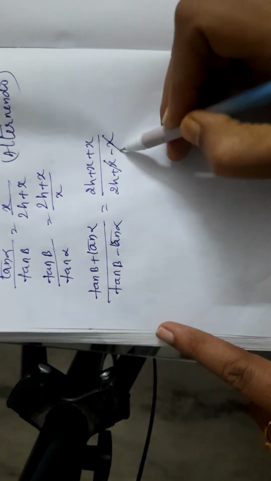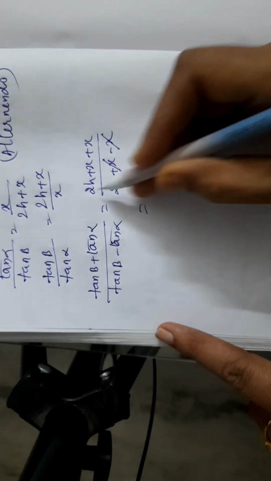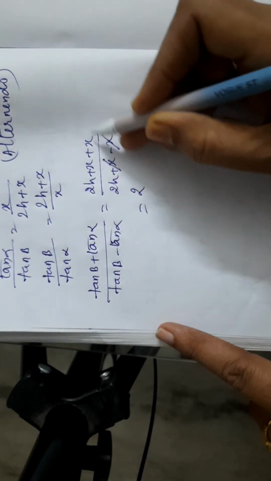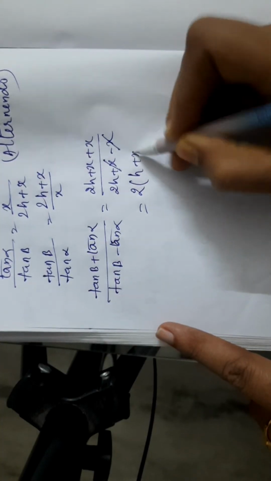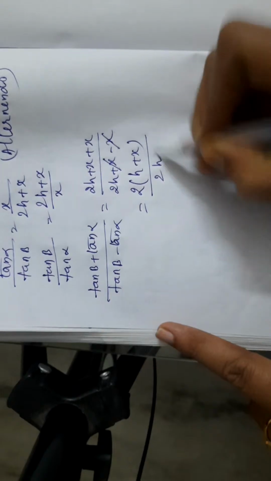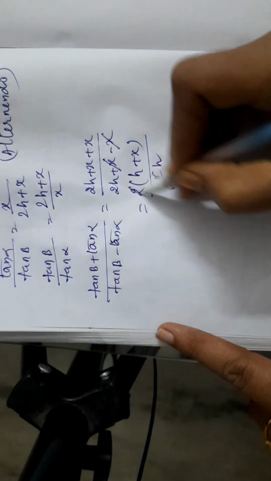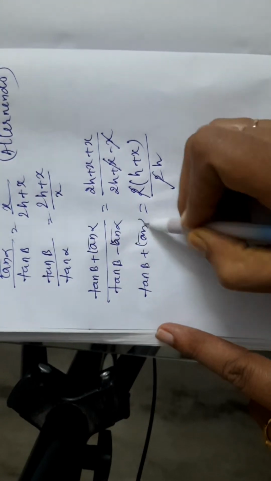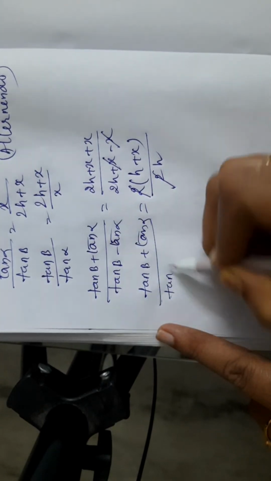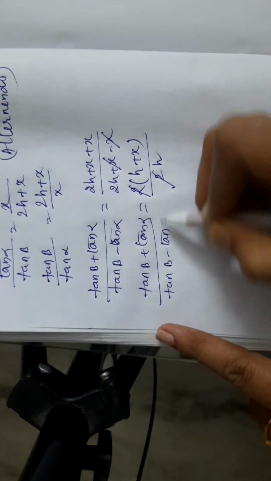Here x got cancelled. 2 times h and 2 times x are there, so we can take 2 common. It's 2 times (h plus x) divided by 2h. This 2 will get cancelled. It's tan beta plus tan alpha upon tan beta minus tan alpha.